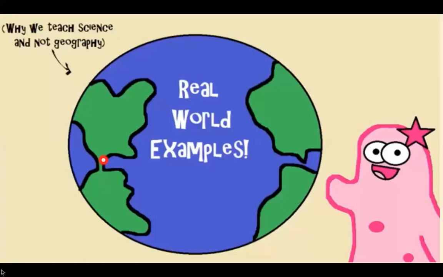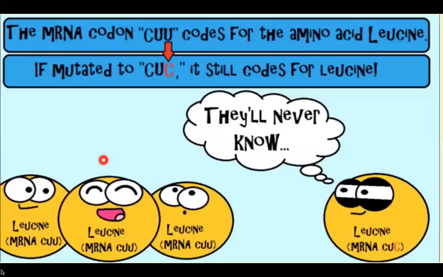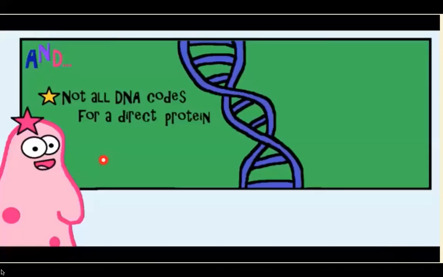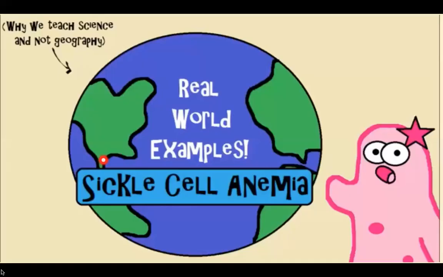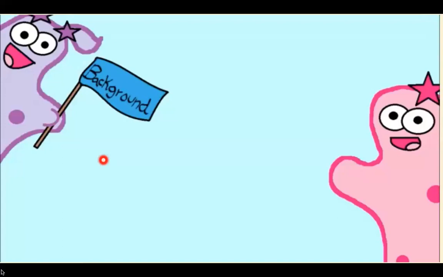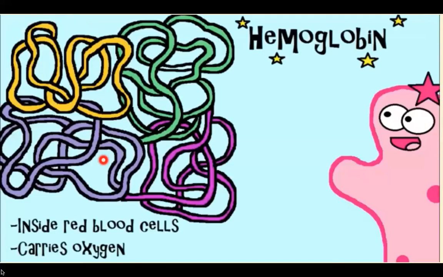And let's talk about some real-life examples now of mutations. Remember, we said that a lot of times mutations can have a neutral effect. Not all of your DNA codes for a direct protein. And other genes in your body can even influence whether those genes are going to be turned on or turned off. Let's talk about sickle cell anemia. First, a little background. Hemoglobin is a protein in your red blood cells that helps you carry oxygen.